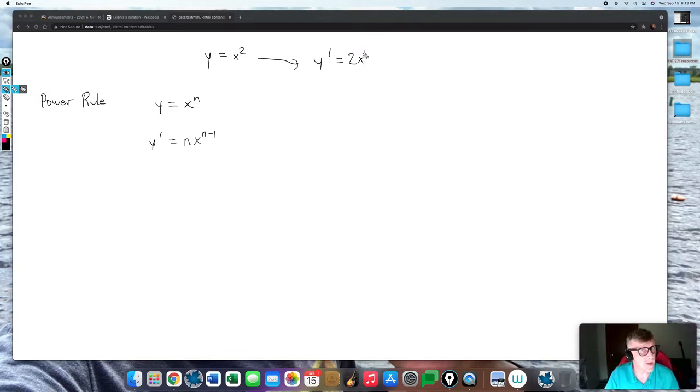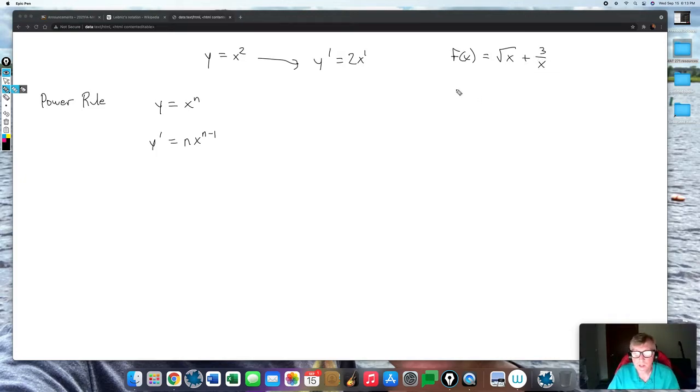If you were paying attention earlier, you'll notice there are many things we can use this rule for. For example, let's say we have f of x equals the square root of x plus 3 over x, and we want to find the derivative really quick.